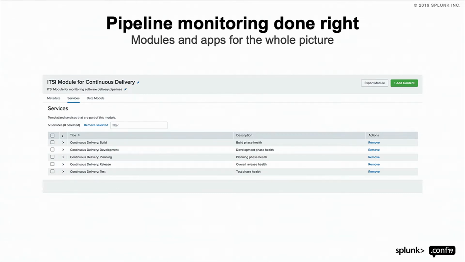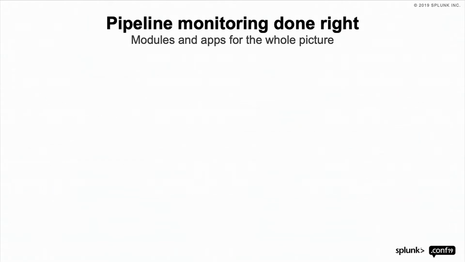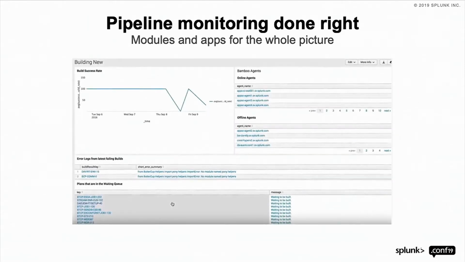It will effectively pre-build a set of KPIs for you. So you can see here, this is actually the Bamboo KPIs and services that you would see, the individual notable events that you would see. So this is what it's saying it recommends as a service, and you're going to get that for all of those tools. Again, it's giving you an easy button.